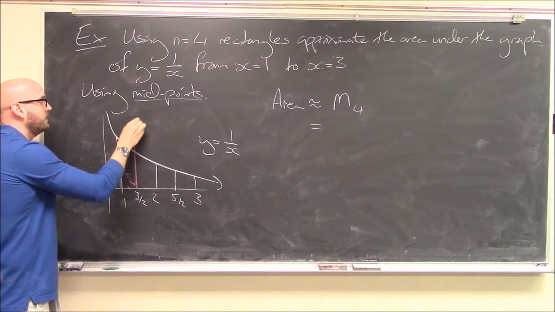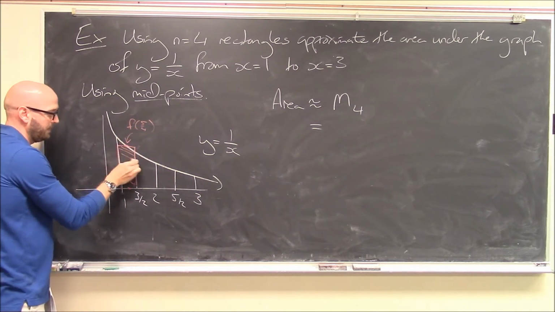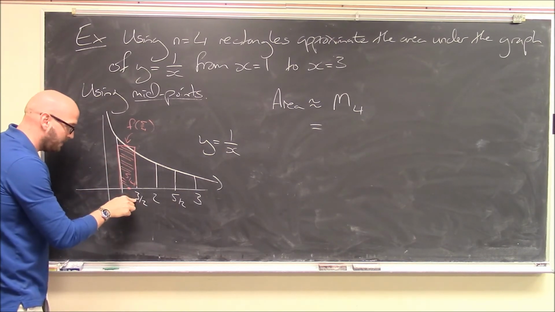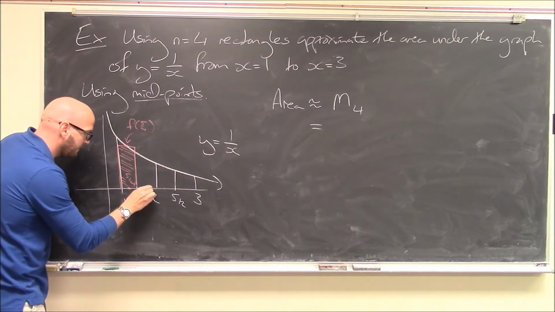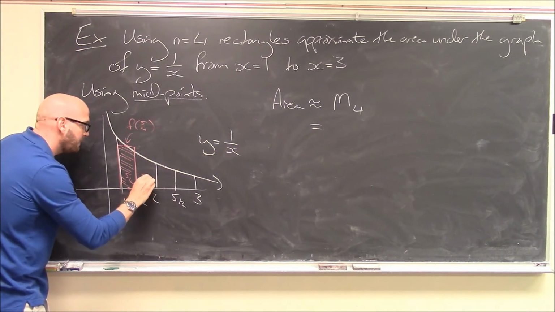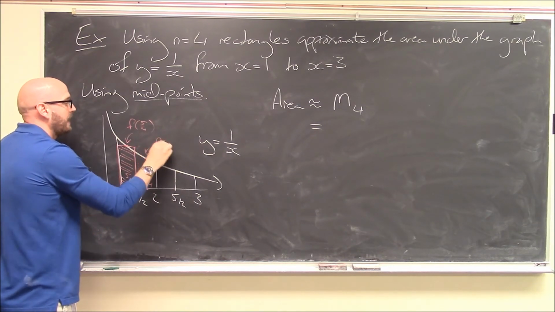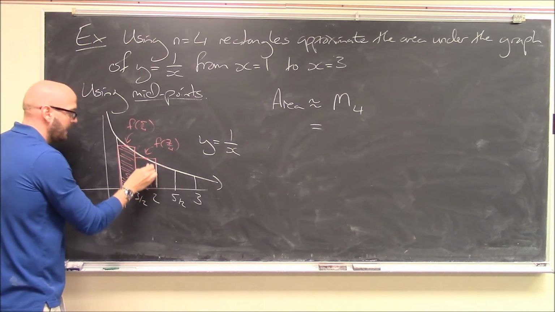So that's going to be f of 5/4. Next one, halfway between 3 halves and 2, that is 7/4. We'll look at the function value right there, f of 7/4, and take a rectangle of that height.